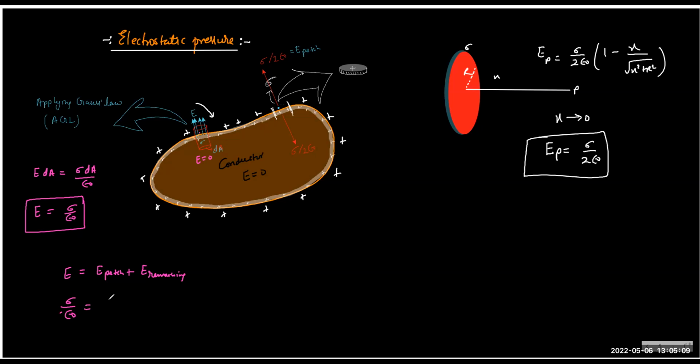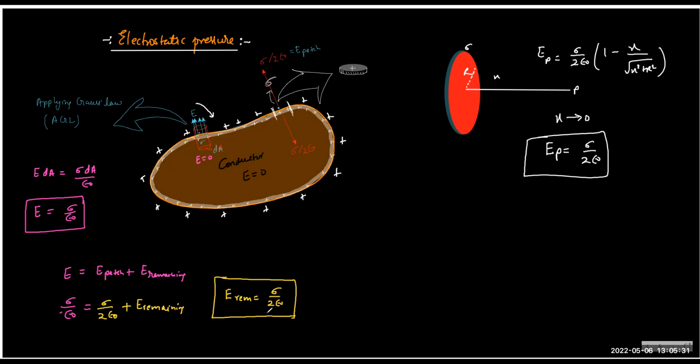So the contribution that will come from the remaining will be sigma by 2 epsilon naught. So it looks like there is a 50-50 contribution, right?